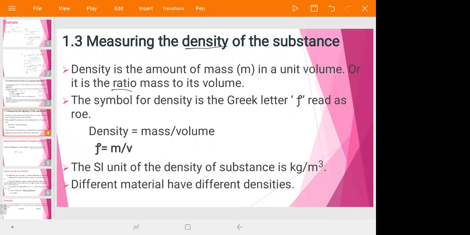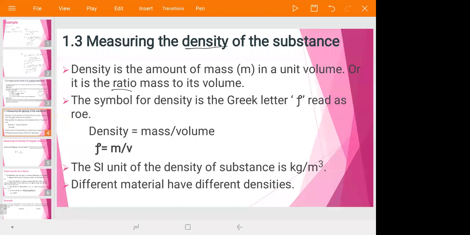Ratio means divide, or the division between them. You have seen the definition of mass itself, so you can define this in another term if you want.